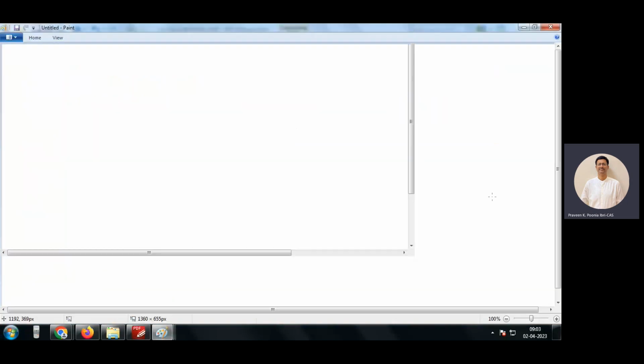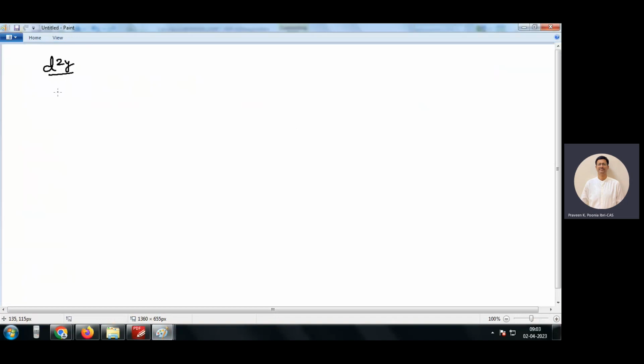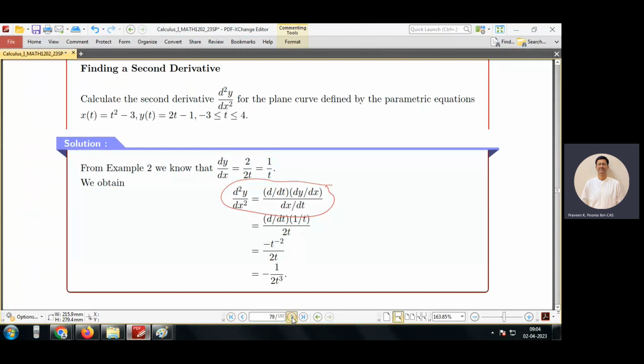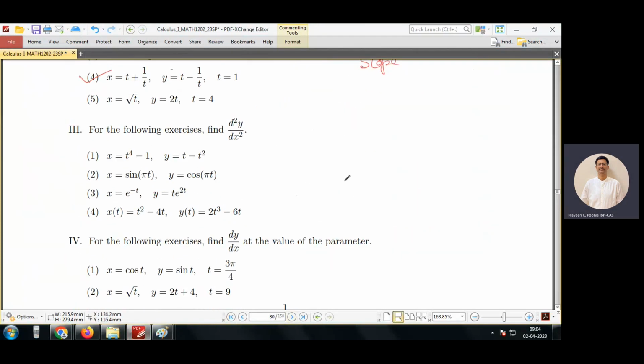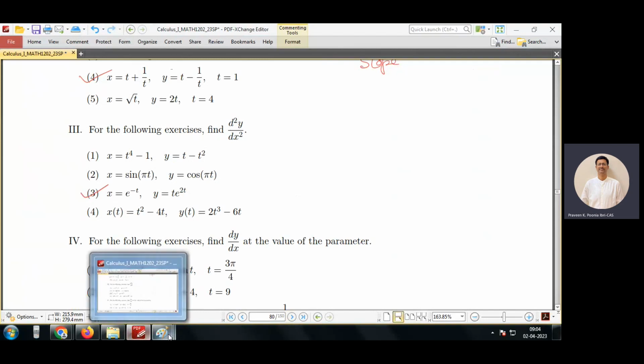How to find the second derivative? d2y by dx squared is equal to d by dt of dy by dx, upon dx upon dt. This is the formula for the second derivative. Let us say we choose some function here. Yes, we will solve question number 3, t e to the power 2t.